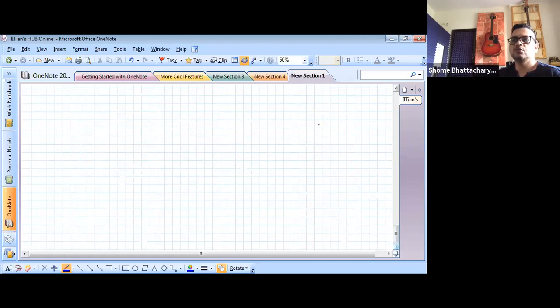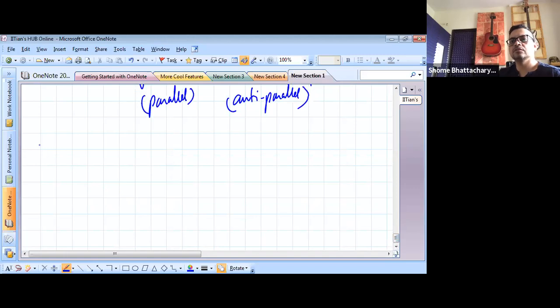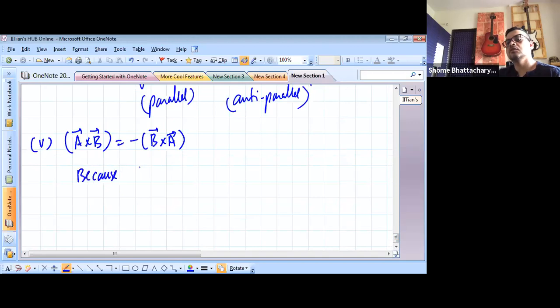Okay, let's move on to some more properties of cross product. So next, we understand that A cross B is minus of B cross A, because the magnitude of A cross B, which is AB sine theta, and the magnitude of B cross A, which is BA sine theta, are equal.